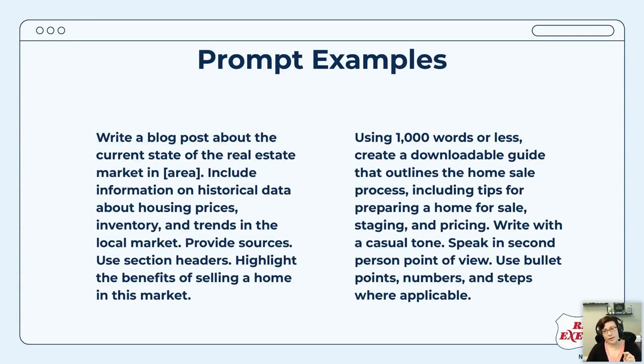And also tell it to use a professional tone and explain how assumption fees work. Take note of everything that I told it. I told it how many words I wanted, I told it it was a blog post, top 5 things, using a professional tone. So I gave it my tone of voice that I wanted. There's a lot in just that one prompt, but again, the more you give it, the more you're going to get back.